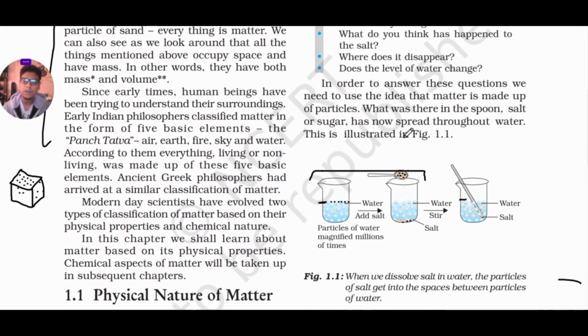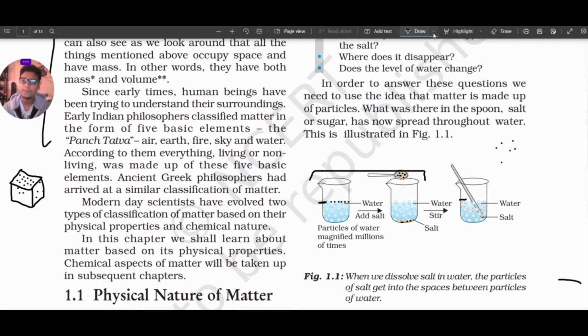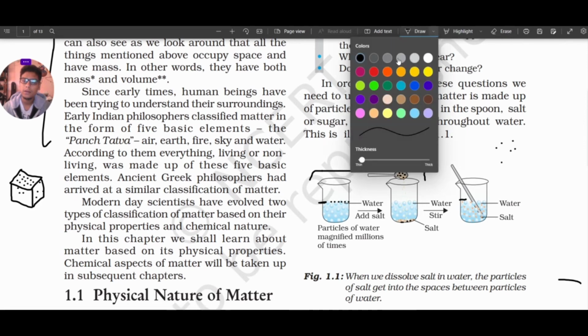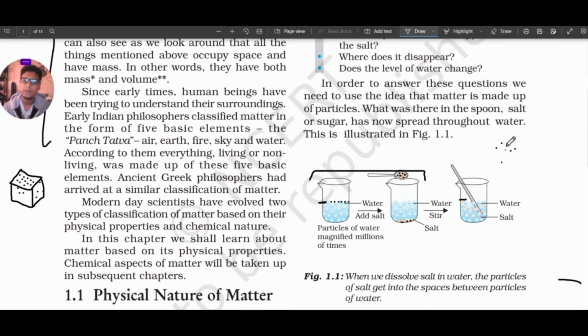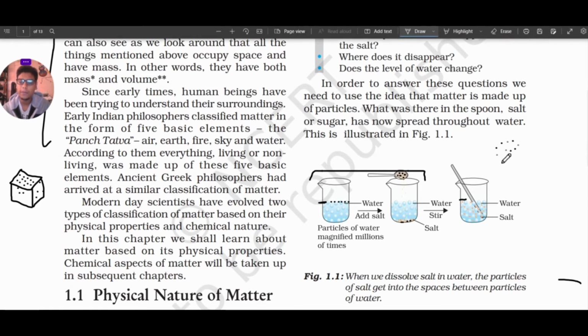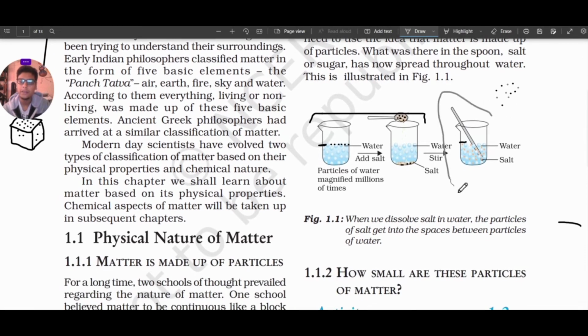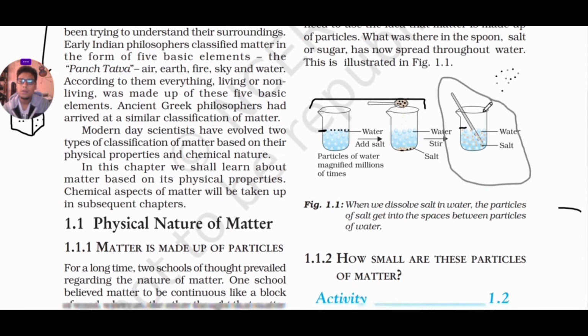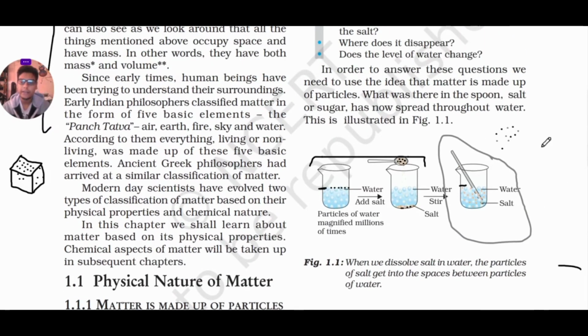We think that the salt disappears inside the water, because these are the water particles, and these are the salt particles inside the water, so they mix together. We observe that it disappears somewhere. So why does the salt disappear in the water? It is made up of very small particles.